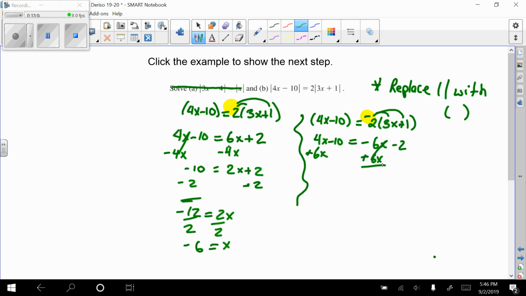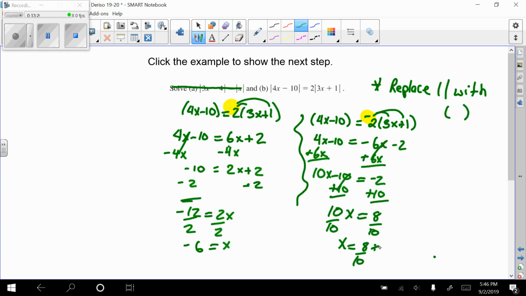This cancels, and I end up over here with 10x minus 10 equals negative 2. Add 10 to both sides, cancels. So 10x equals 8, and finally divide by 10, x equals 8/10.